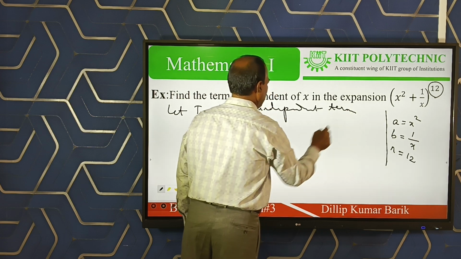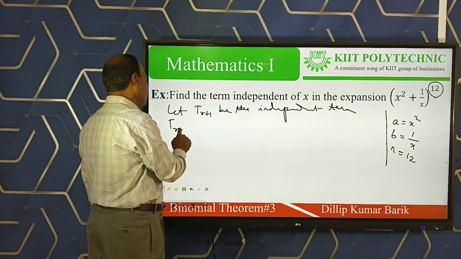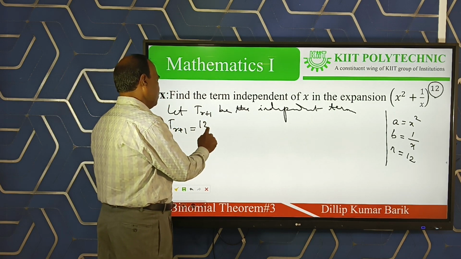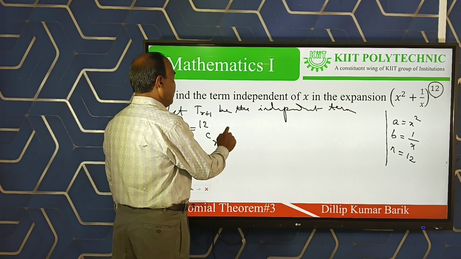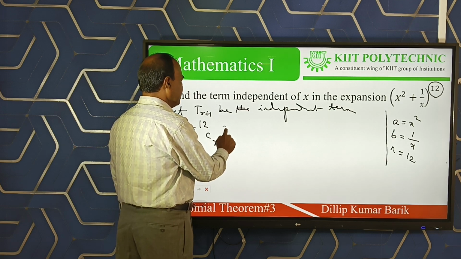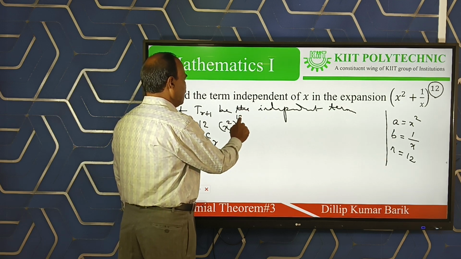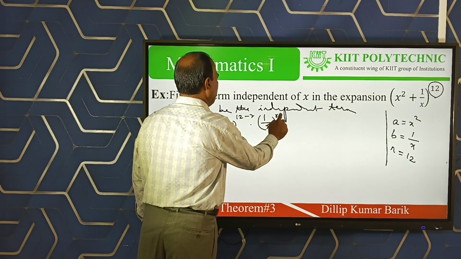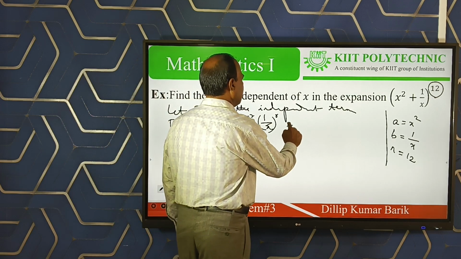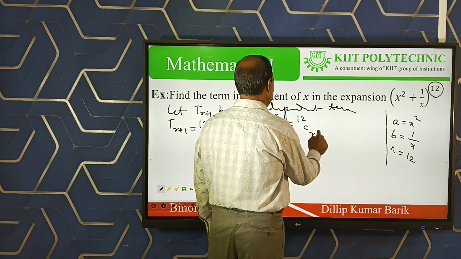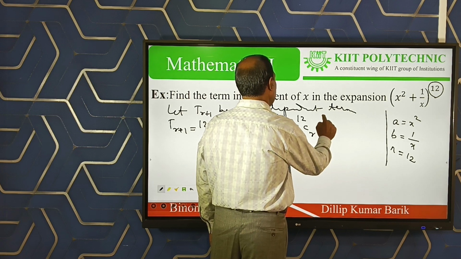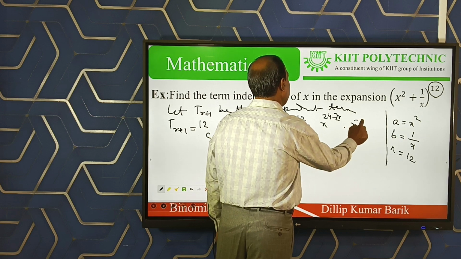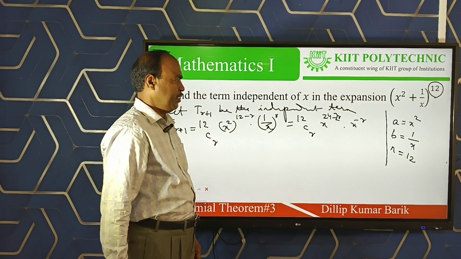Next, find the value of t(r+1). The formula is nCr. Here n is equal to 12, so 12Cr, a to the power n minus r. a is (x squared) whole to the power 12 minus r. b is nothing but (1 by x) whole to the power r. On simplification we get 12Cr x to the power 24 minus 2r, and x to the power minus r.